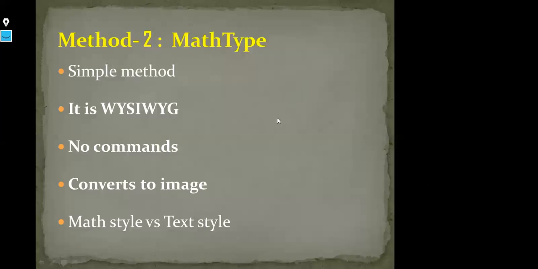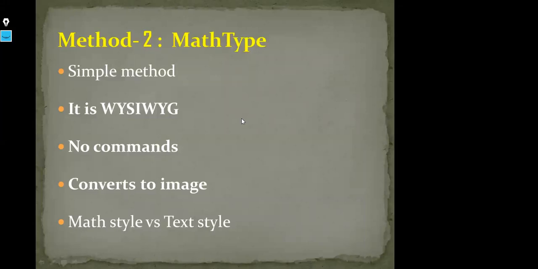But it converts to an image whenever we type it. And you cannot copy and paste at different places and edit it. The reason is when you copy and paste at some other place, it goes like an image there. So that's the problem. At the same place you can edit that equation later on, but if you want to copy that equation and paste somewhere else, then it converts to an image there.